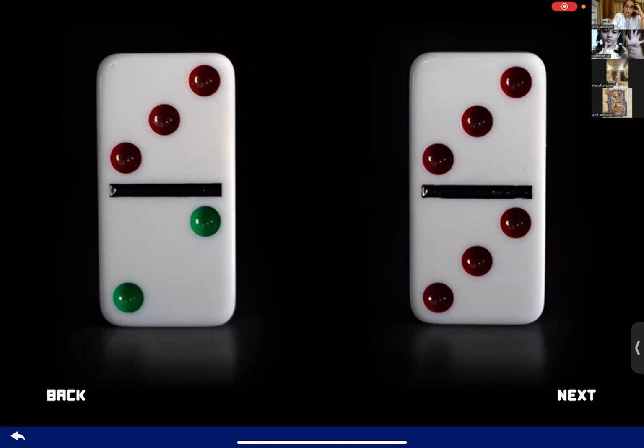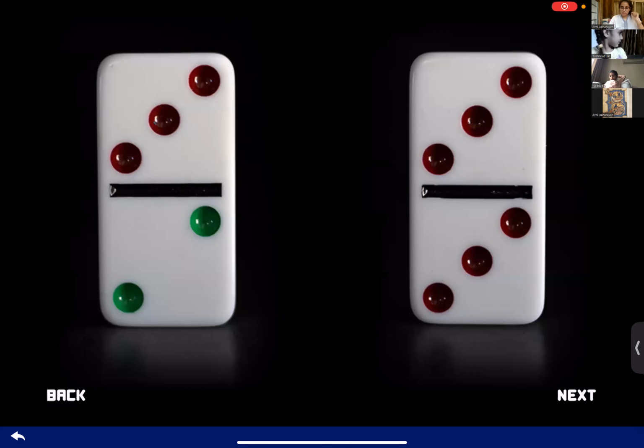Tushnaz, listen. You see there are 3 dots, and after 3 start counting. The first green is the 4th one and the second green is the 5th one. Not on your fingers, but even on the dots you can start counting. So here we have 5. And how many dots do you have on the other side? You count it again. 1, 2, 3, 4, 5, 6. 6 dots.